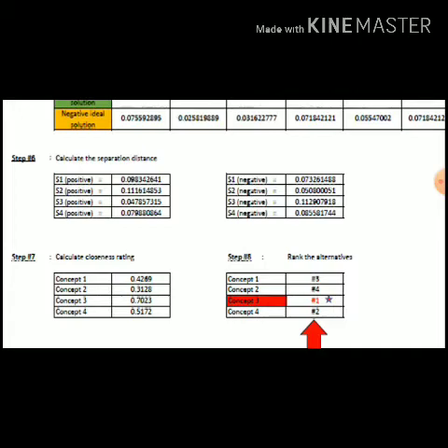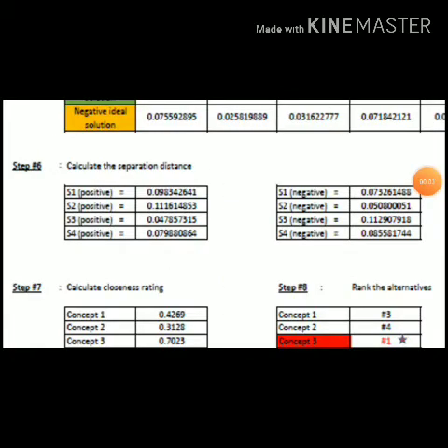Of course, the separation distance is calculated for each concept, so concepts number 1, 2, 3 and 4 have to be calculated separately. In simple terms, the positive ideal solution and negative ideal solution work in opposite ways.